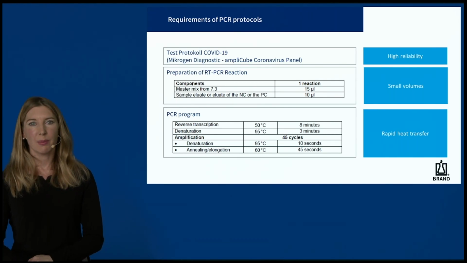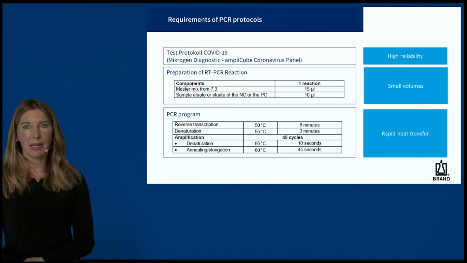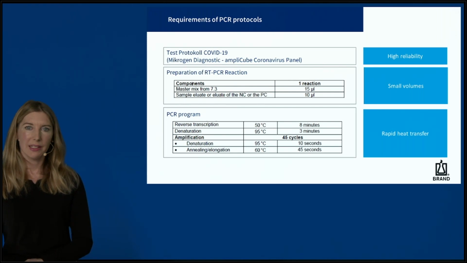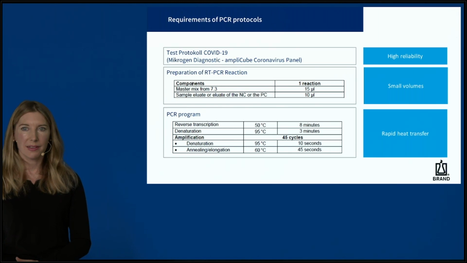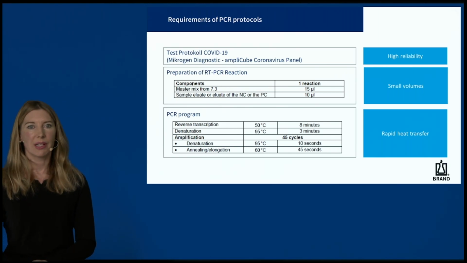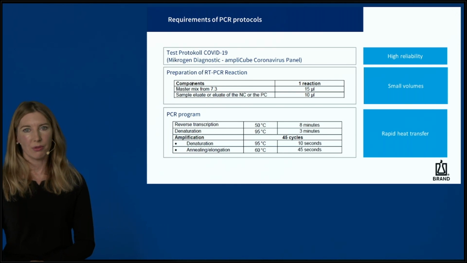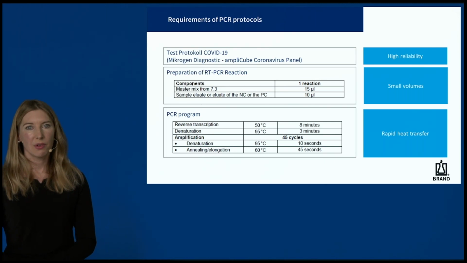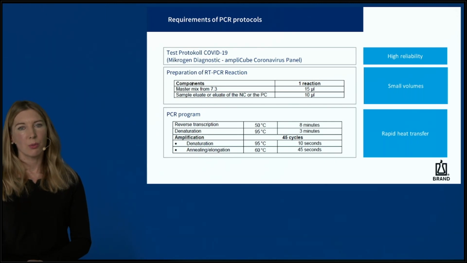This example illustrates the demands placed on PCR today and what needs to be taken into account. The basis for meeting these requirements is high product purity, fast and safe processing, and a secure closure to prevent contamination and evaporation. And it is precisely these 3 points that are often underestimated, which is why I would now like to go into more detail.